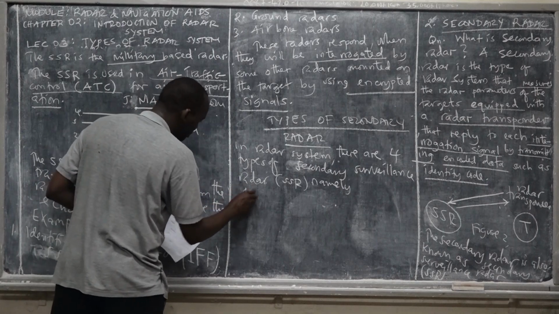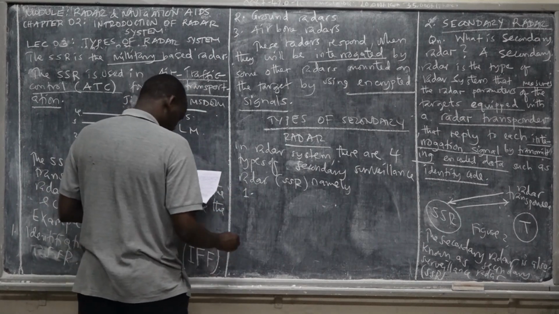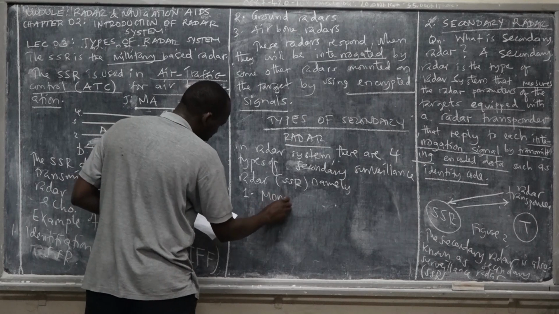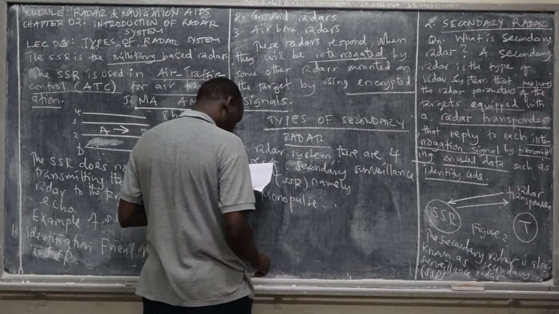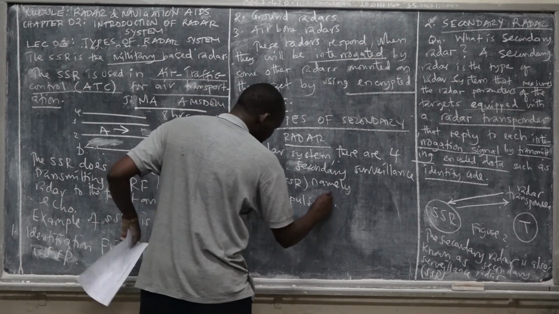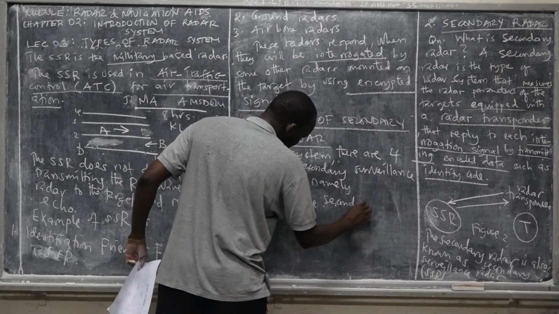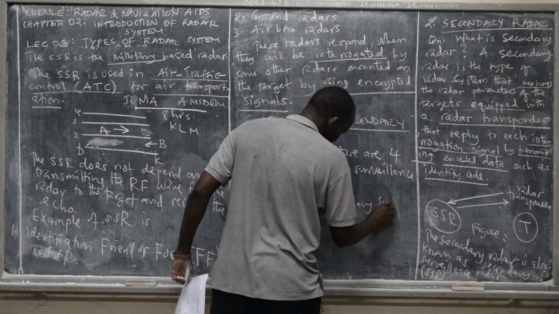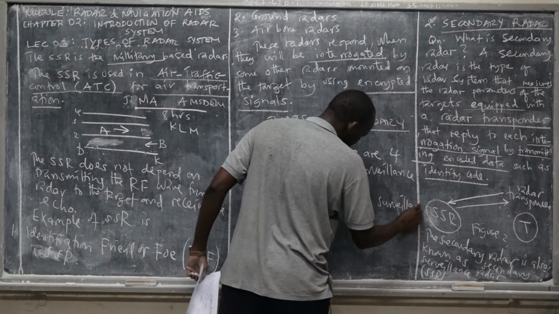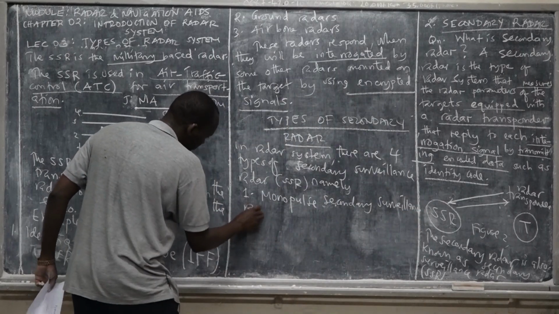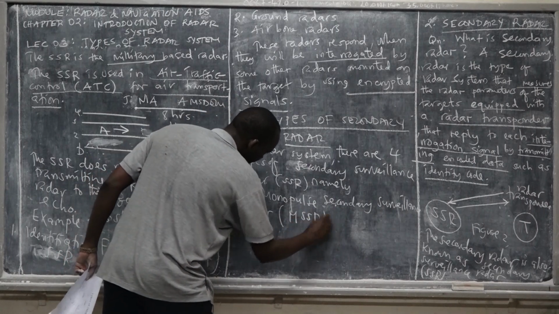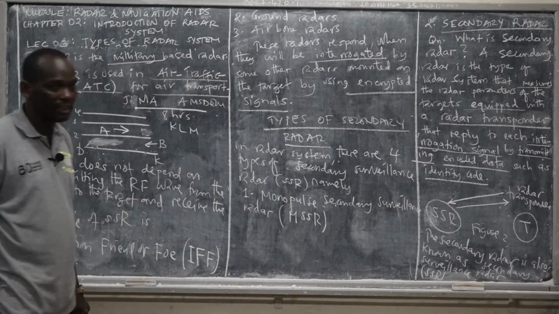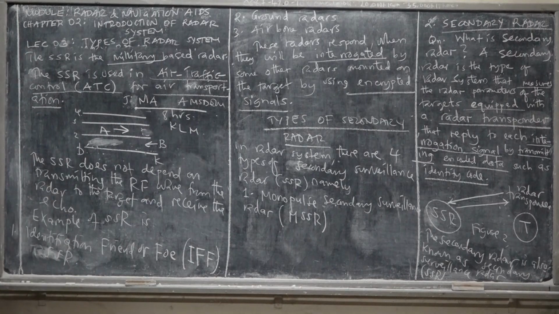The first one is called the monopulse secondary surveillance radar, which in short we call MSSR. Say monopulse.